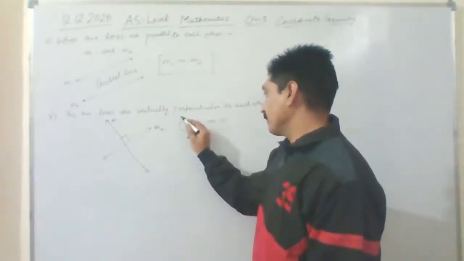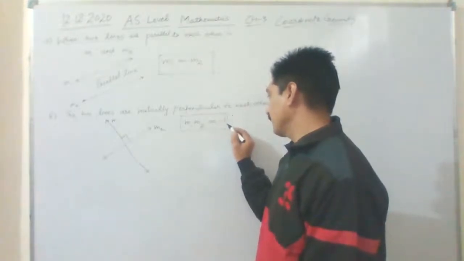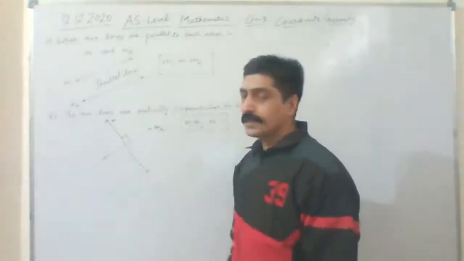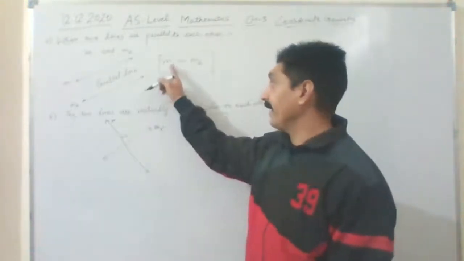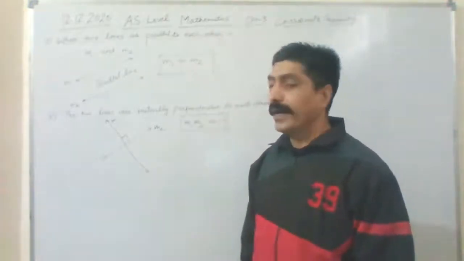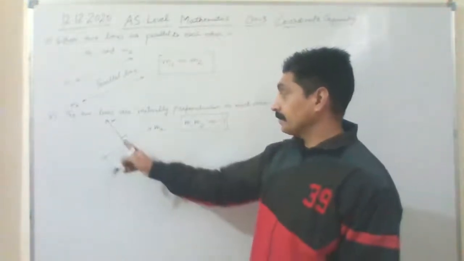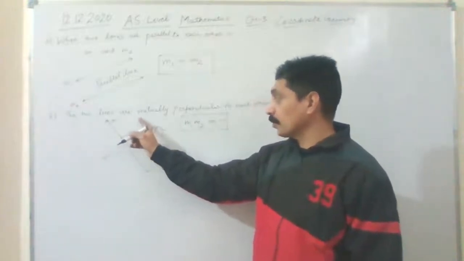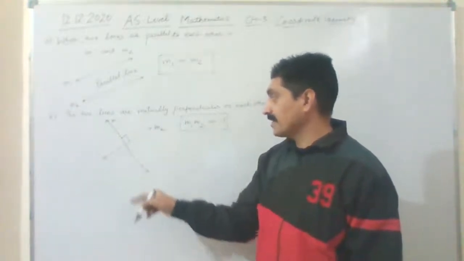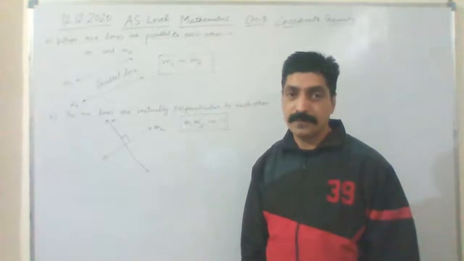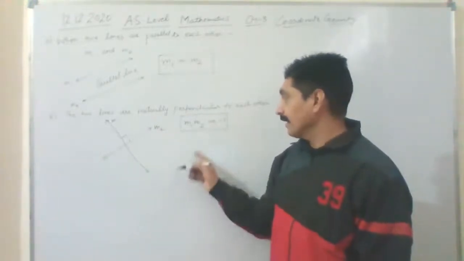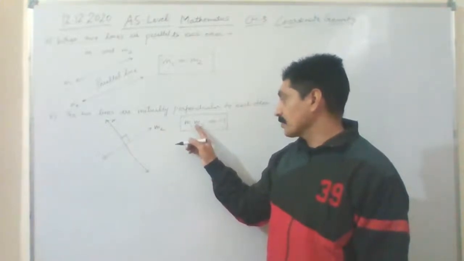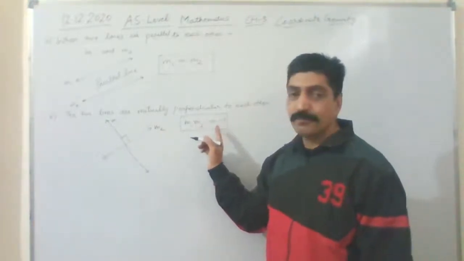We have studied in the previous classes that when two lines are parallel to each other, their slopes are equal, m1 is equal to m2, and when two lines are mutually perpendicular to each other, the product of their slopes or gradients is minus 1.